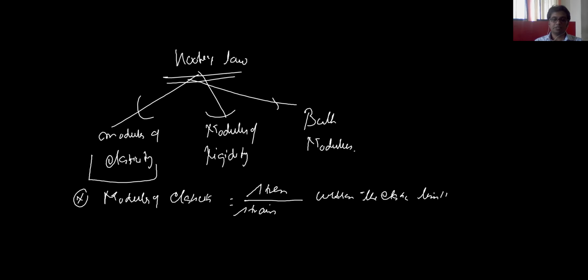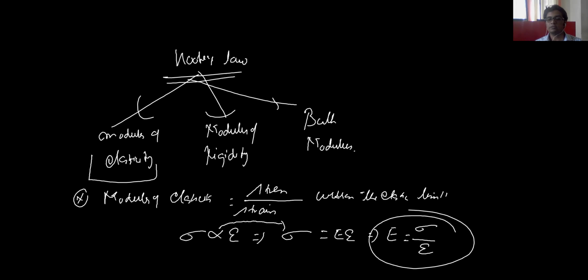Means the stress is directly proportional to the strain, which implies that if you remove the sign of proportionality, then it will be sigma equals E into epsilon, and which implies that E can be defined as the stress upon strain, right? This is known as the modulus of elasticity.